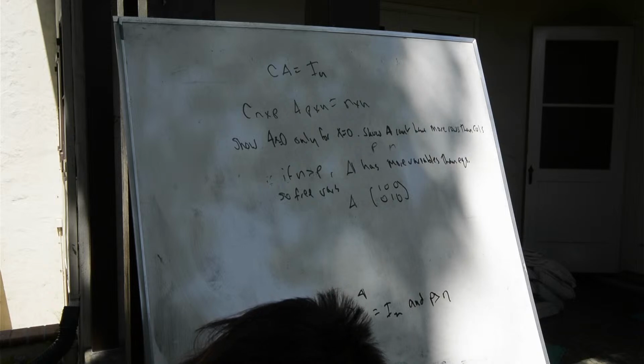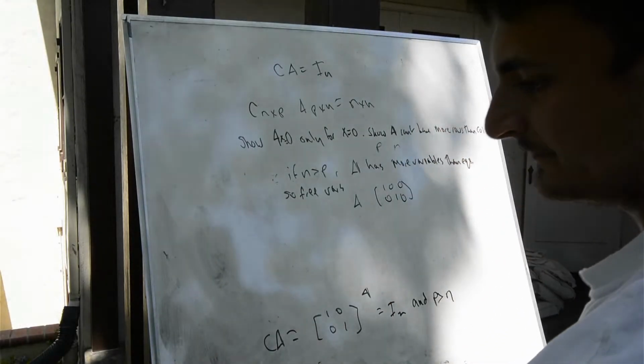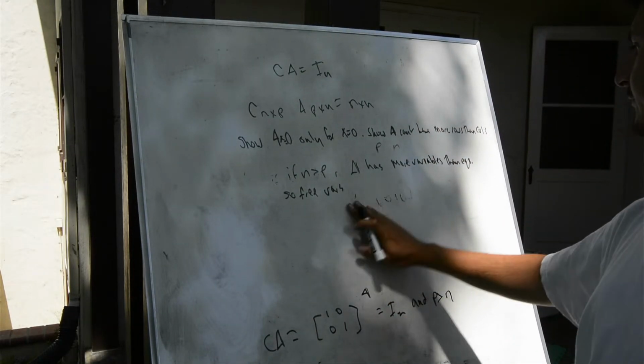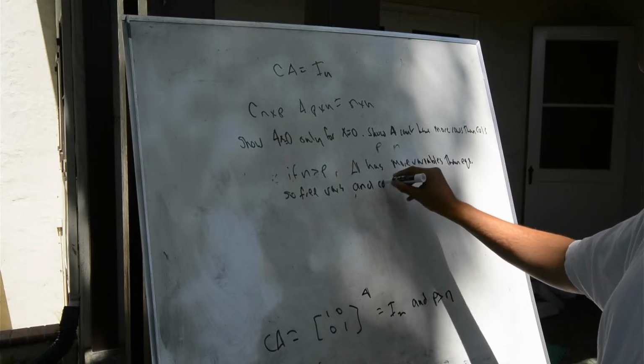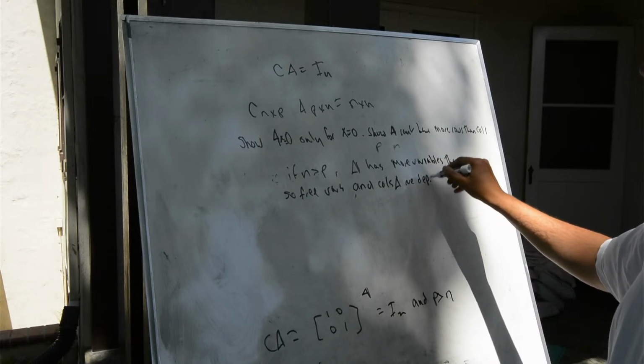You only need a non-trivial combination of all the vectors that equals 0. Okay, all right. So yes, free variables and the columns of A are dependent.